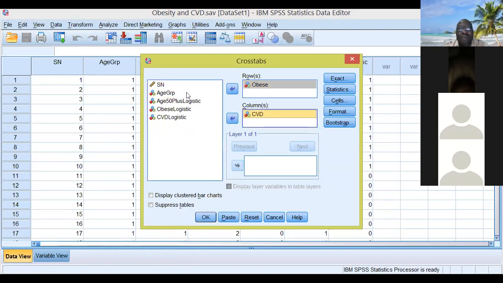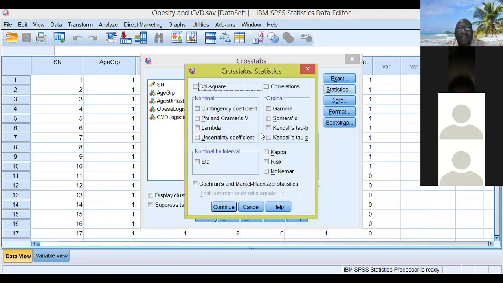Leave age for now. We want to do crude first. So go to statistics. You see Cochran-Mantel-Haenszel, that's what it is for.